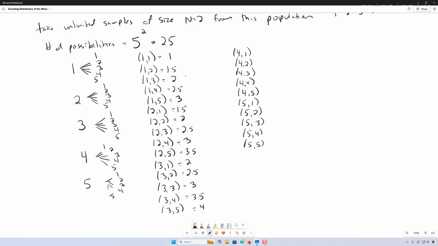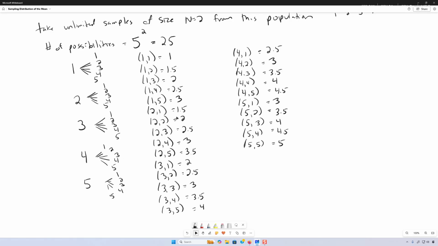So far I'm just finding means of these samples of 2, right? Still plotting the means of all possible samples. So those are my 25 means.